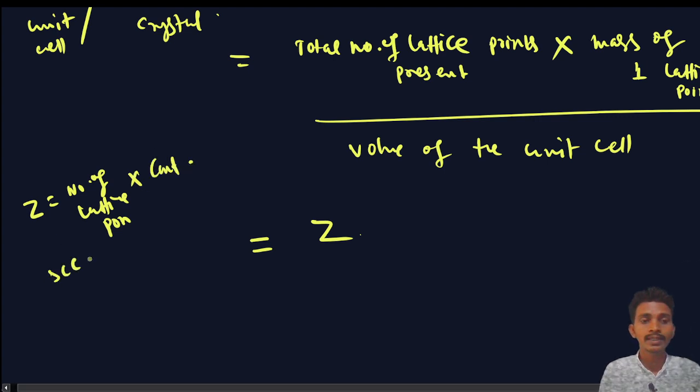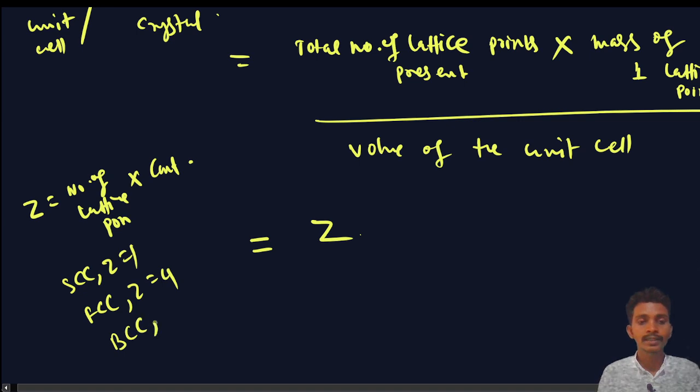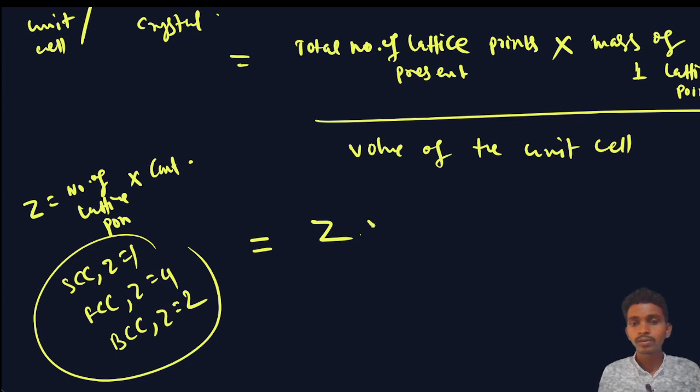Like we say that in the SCC case Z equal to 1, in the FCC case Z equal to 4, and in the BCC case Z is equal to 2. Okay, so this is Z into the mass of one lattice point.